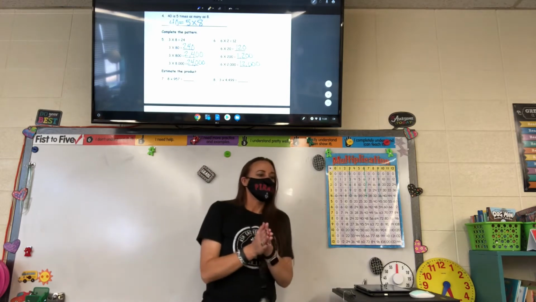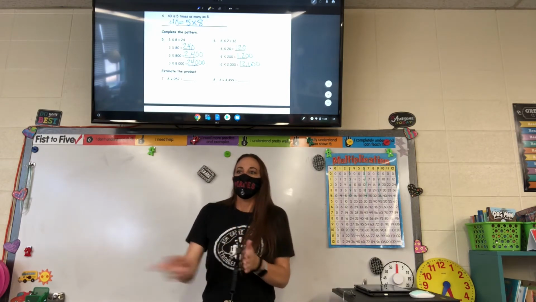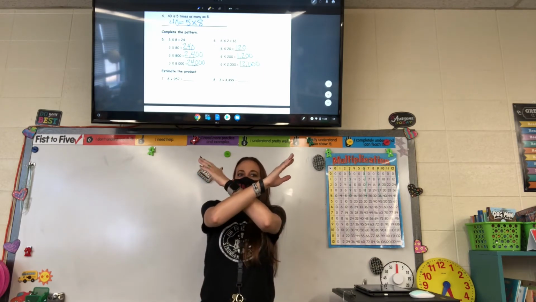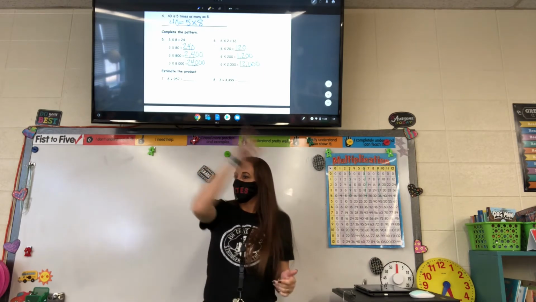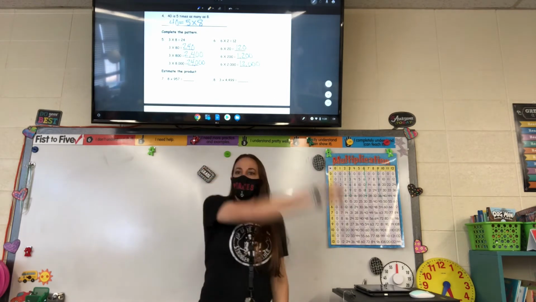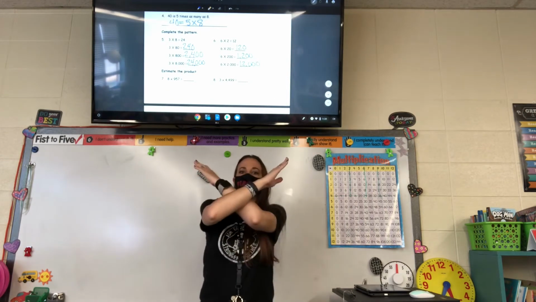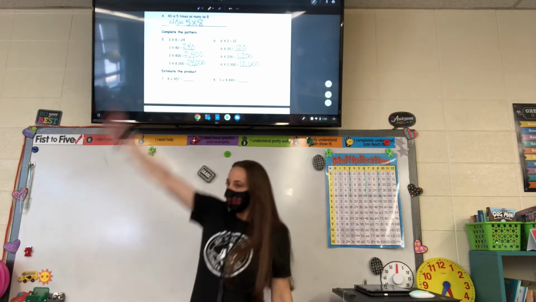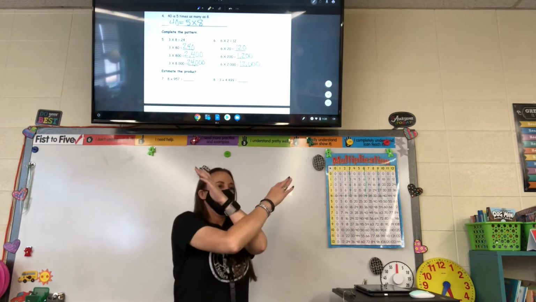To find an estimate, we're going to round and multiply. It's kind of like tic-tac-toe. You use O's and X's, right? Round and multiply. So to find an estimate, we round and multiply.